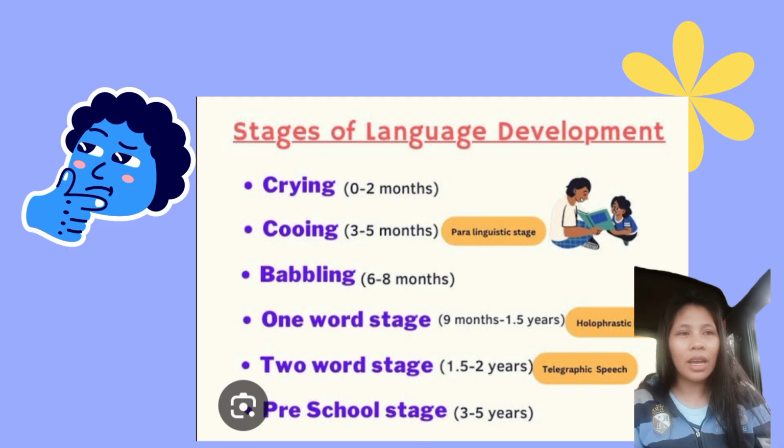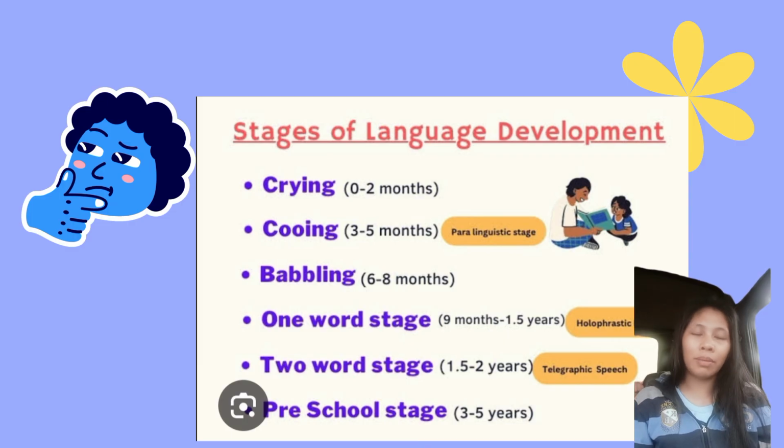After that, 6 to 12 months, the baby is now in the one-word stage at 12 to 18 months, approximately 1 year and 6 months. Also known as the holophrastic stage, in which children use single words to convey complex meaning.